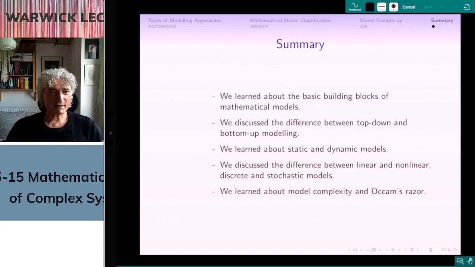Again, very, very important distinctions to classify mathematical models. And we discussed a little bit how model complexity can be used to decide which models are simpler than the other one. And we discussed the most important scientific principle of all, which is Occam's razor.